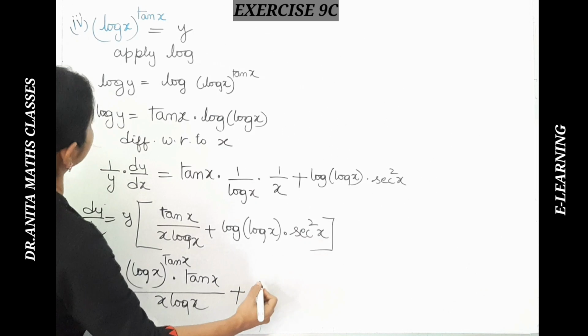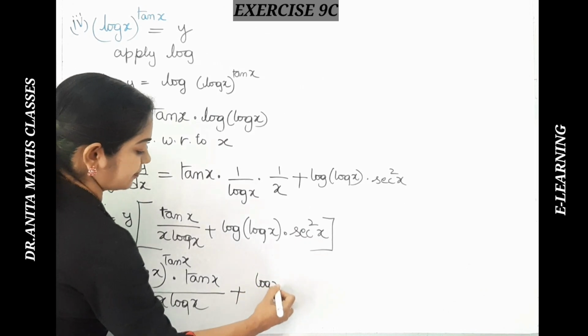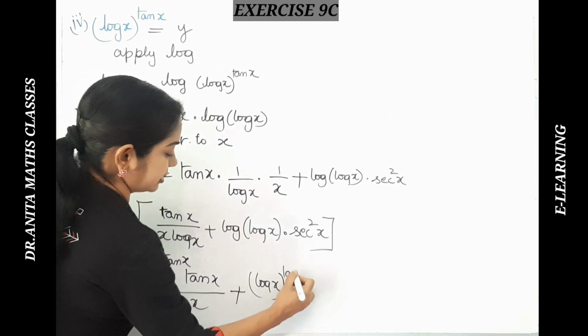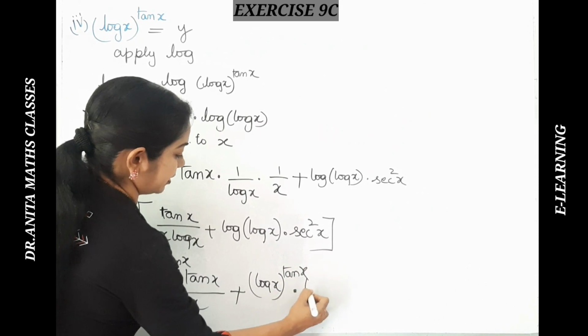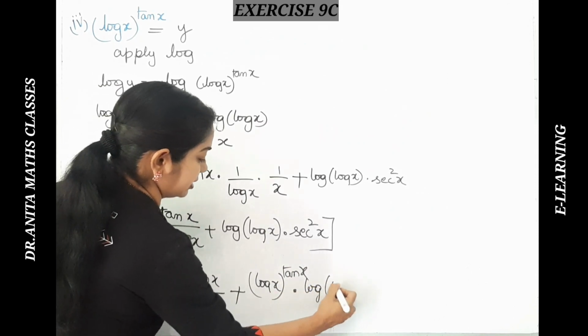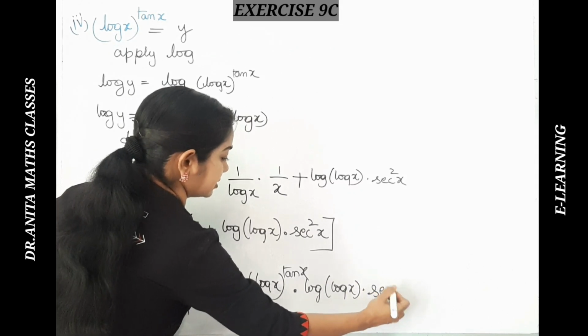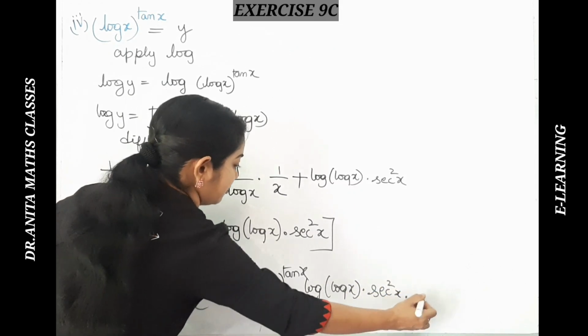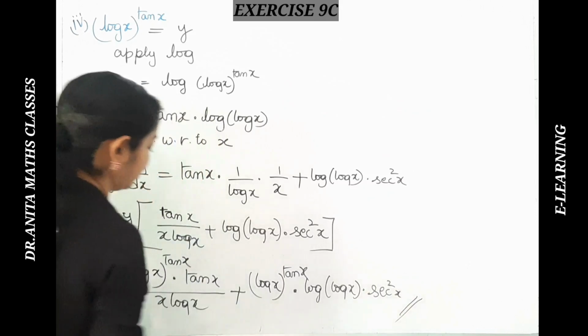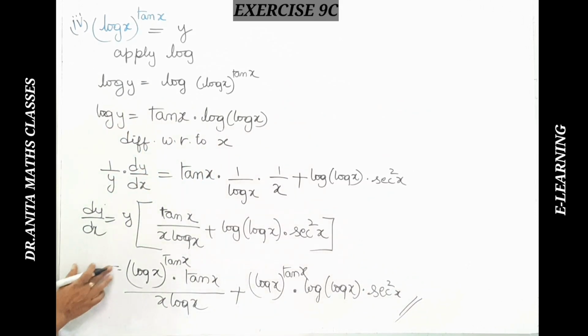The y is nothing but log x raised to the power of tan x, multiplied by log of log x, multiplied by secant square x. So this is the final derivative of this function, dy by dx. So pause it and note it down.